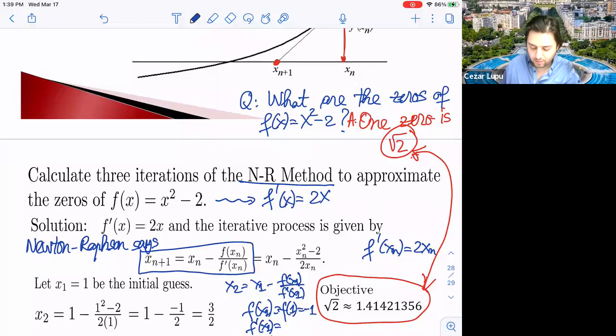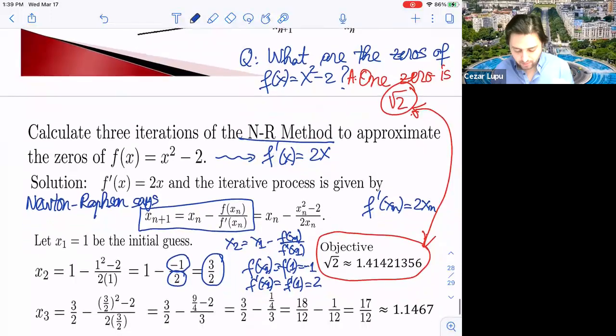And f prime of x1, which is f prime of 1, and if we write this here, it's 2, right? And you can see them here. This is f of x1, and this guy is f prime of x1. So again, x2, by just doing some algebra, will give you 3/2. Okay, beautiful. And we keep going now.